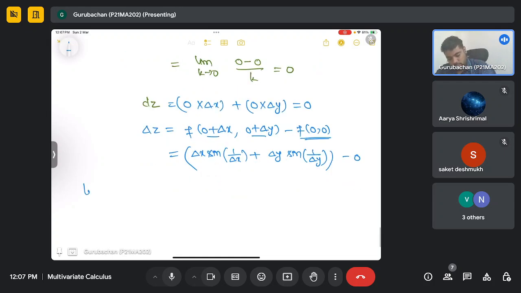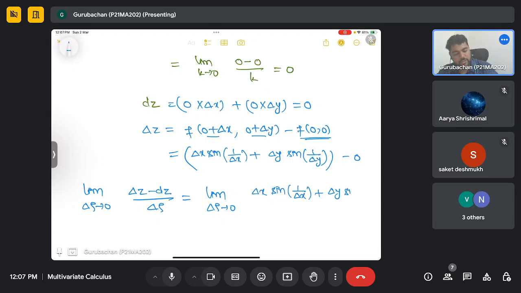So now what we have to show is that the limit as del rho tends to 0 of del z minus dz divided by del rho, that is, delta x sine 1 by delta x plus delta y sine 1 by delta y divided by del rho, is 0.